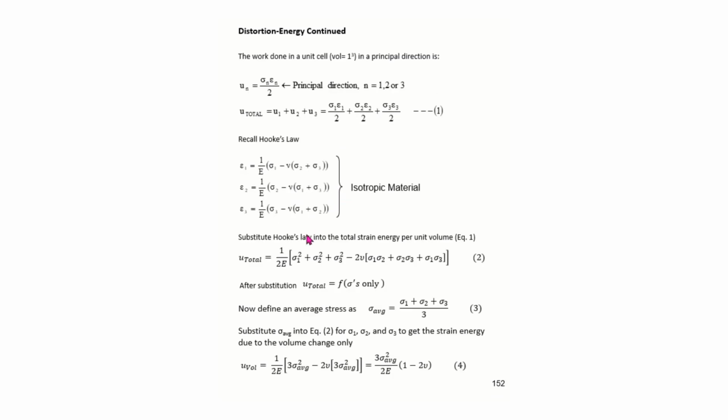And now recall that, again, the distortional energy is the difference between the total and the U volume. So we're going to come back, and here's our U total expression, and we're going to subtract from that the volume expression. And when we do that, we get this expression here for the distortional energy. So this expression represents the distortional energy in the system.